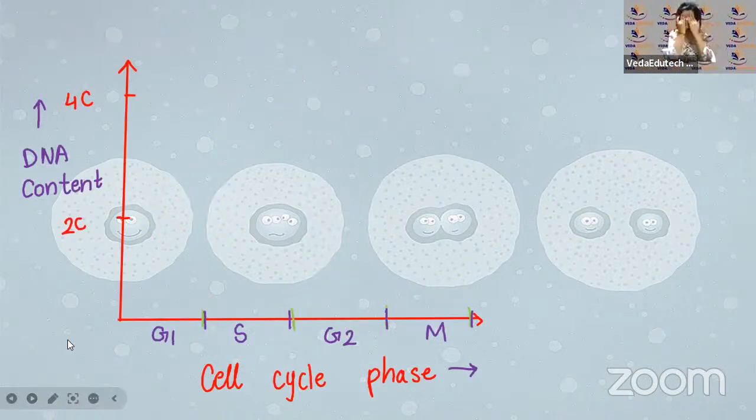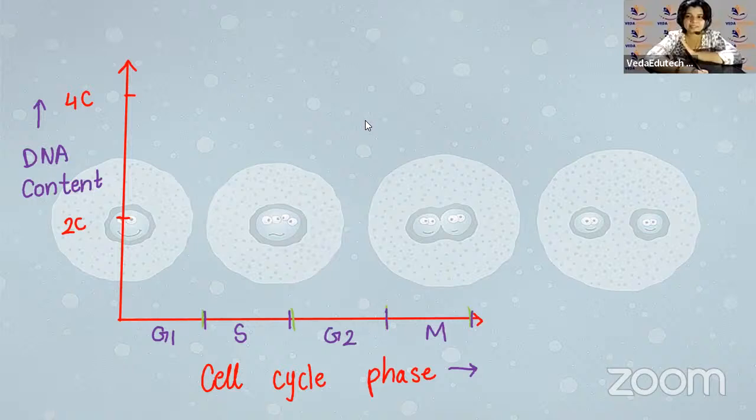So this table is important. I saw this from another teacher who teaches on YouTube, and I found it really informative. What are we doing here? We are only taking note of what the DNA content is in different phases of the cell cycle. We start with G1. In G1, the DNA content is normal, at 2C.